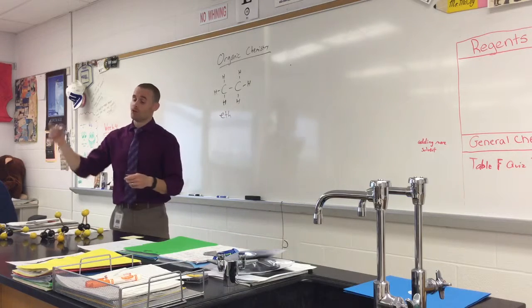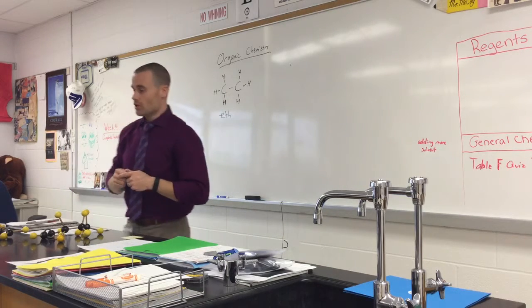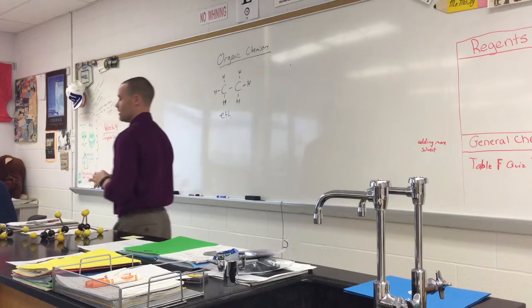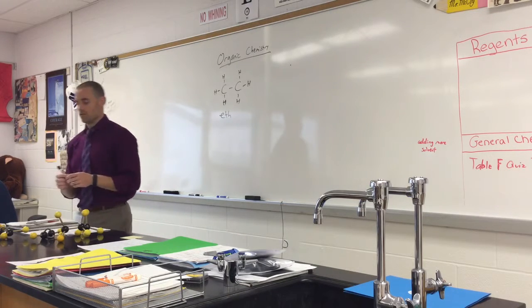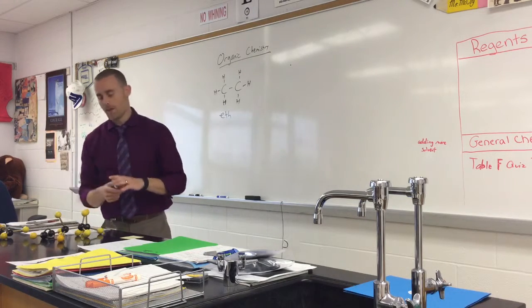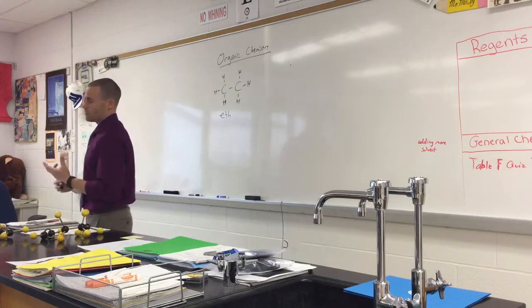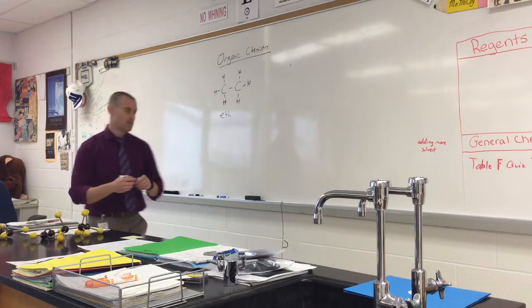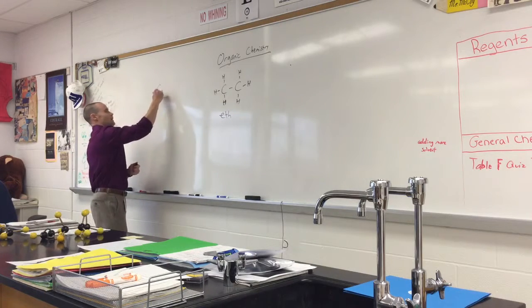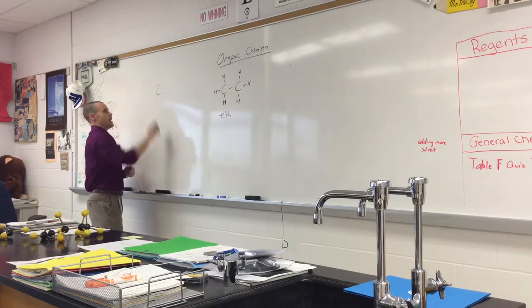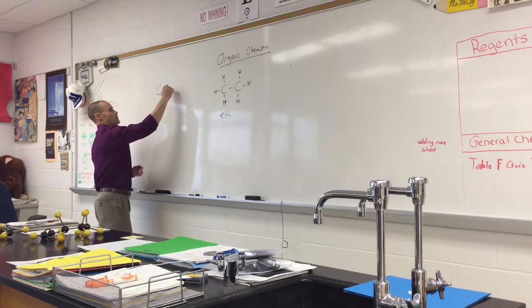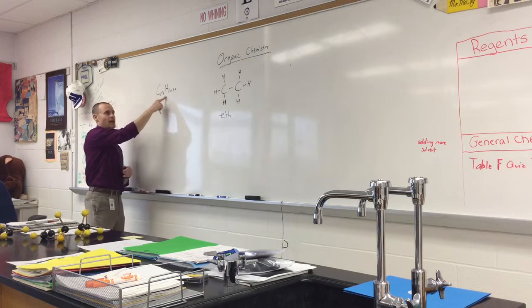But now you go to table Q. I want you to look at the general formulas. You're not looking anywhere else except table Q. For the alkanes, the general formula is CnH2n+2.